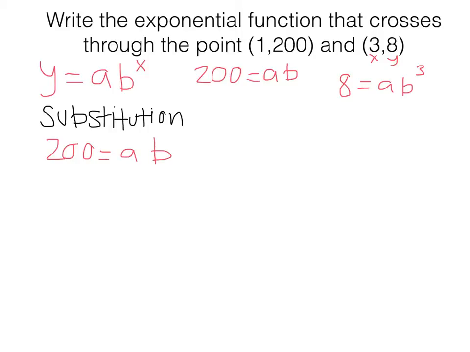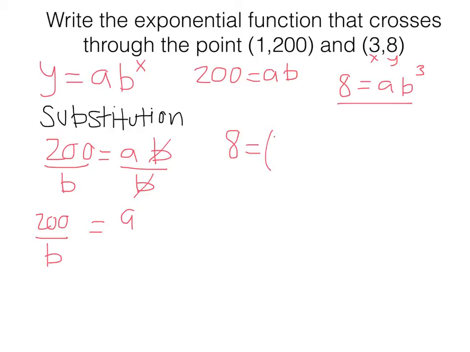So the variable that you want to solve for is a. You always want to solve for a, because when the exponents get to a higher power, it's easier to plug things in for a instead of b. So here we have a equals 200 over b. And what you're going to do with that is plug that into your second equation. Instead of having an a, I'm going to plug in 200 over b.